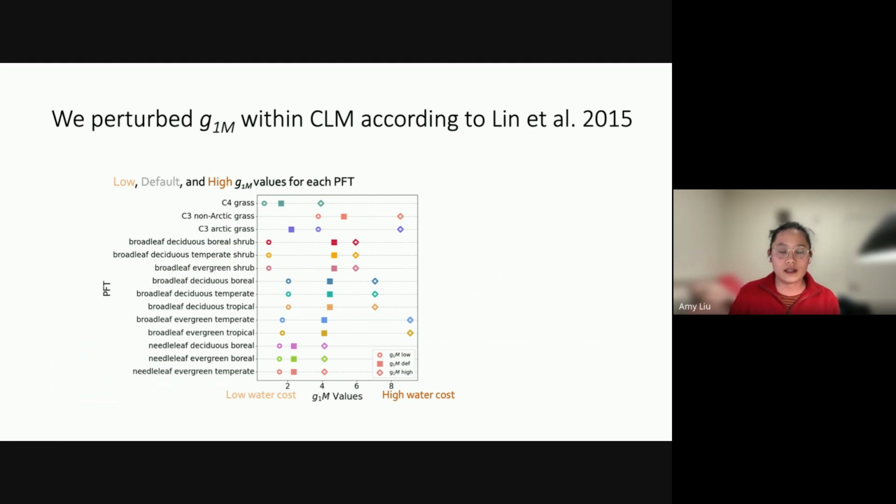And I want to note here that the default value used in CLM is not the midpoint between the two extremes, and that the range of perturbation is different for each PFT. So for example, with this orange arrow here, we can see that the broadleaf evergreen within the temperate and tropical will have a really large range of GUNM.